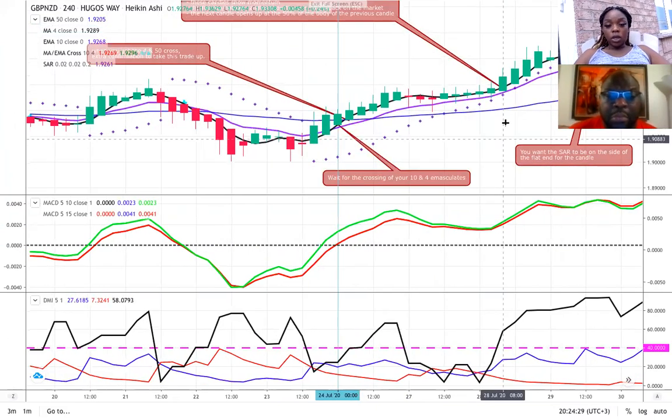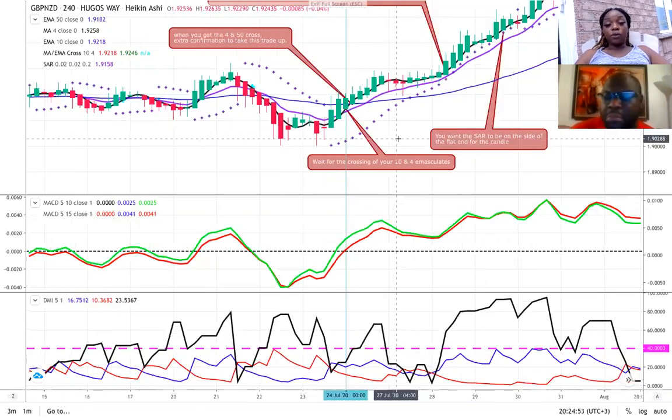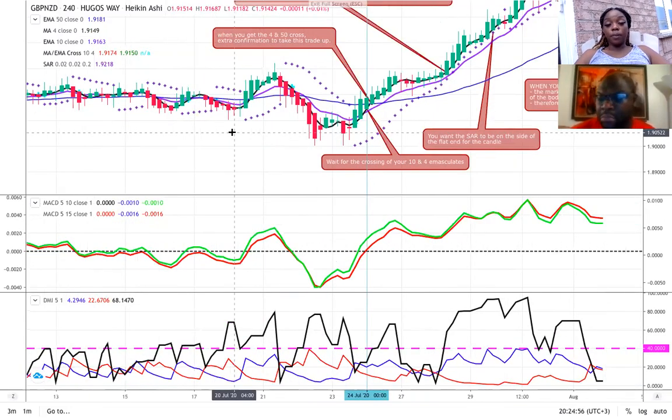So right where the 4 and the 50 cross, the 4th candle in, if you look at my crosshair, all the way at the bottom, the same candle, this is now at the 40 line. They're still above. Everything here still lines up. The SAR is underneath. We have the flat bottom candles. We're good. You take that buy and you hold that, because once the 4 and the 50 cross, it makes it even stronger.